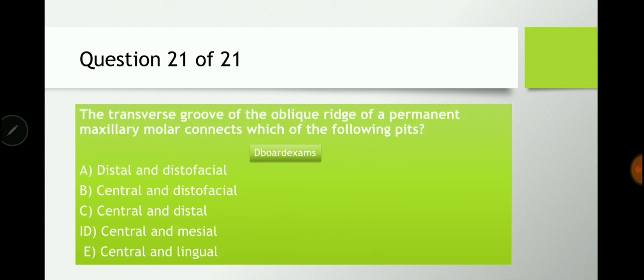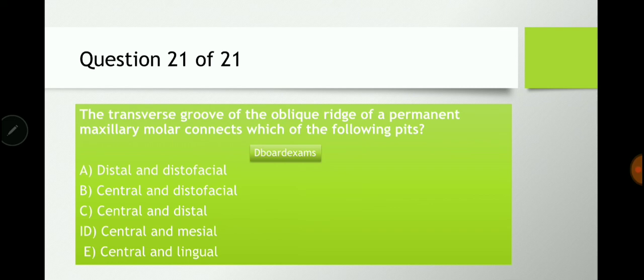So 21, which is our last question. The transverse groove of the oblique ridge of a permanent maxillary molar connects which of the following pits? Does it connect the distal and the distofacial, or the central and the distofacial?